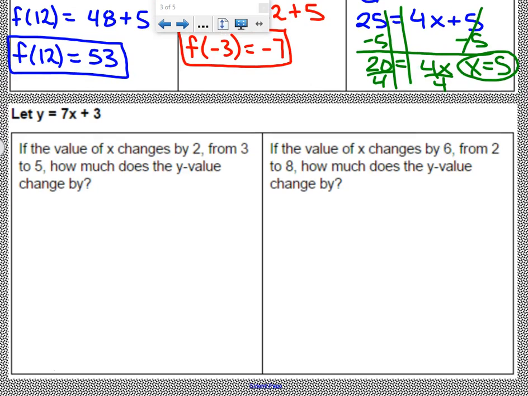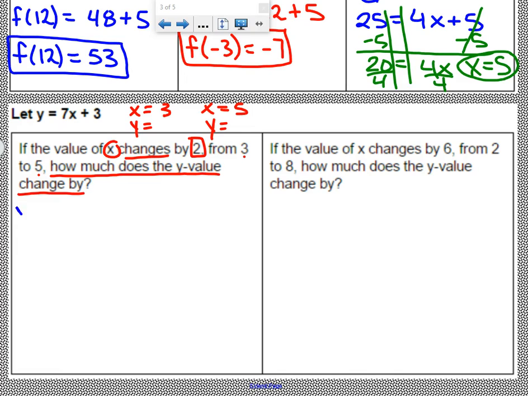Let y equal 7x plus 3. Now, if the value of x changes by 2, so we're going from 3 to 5. So first off, x is going to equal 3. Then x is going to equal 5. How much does the y value change by? So all we have to do is solve for y in both cases, and then look at the change that is happening.